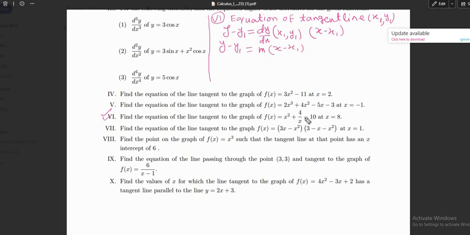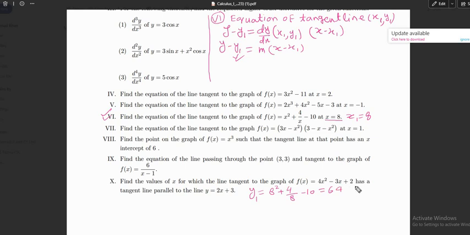Now I need to check what is given in this question. In this question x is given, that means this is x1. y1 is not given, but I can substitute x is equal to 8. Whatever value you get for f(x), that is your y1. So y1 is 8 power 2 plus 4 divided by 8 minus 10.